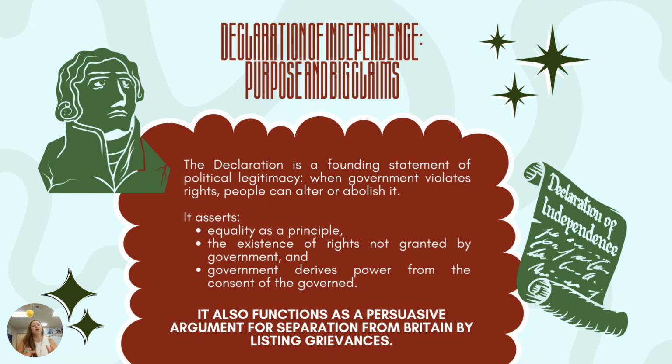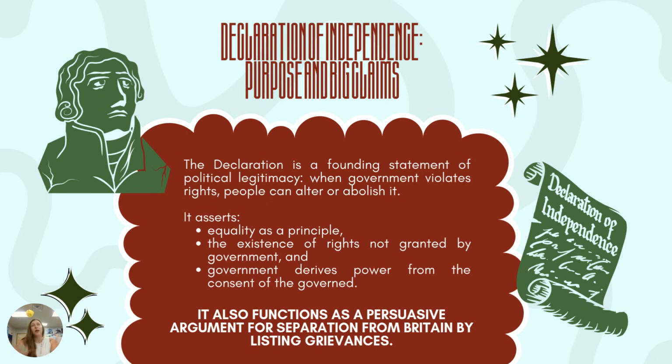You might think of a god, if you will, right? And it should be the job of the government to protect those rights and derive their power from the consent of the governed, from us, the average people, right? It also kind of generally functions as a list of reasons we should separate from the British by listing some grievances.